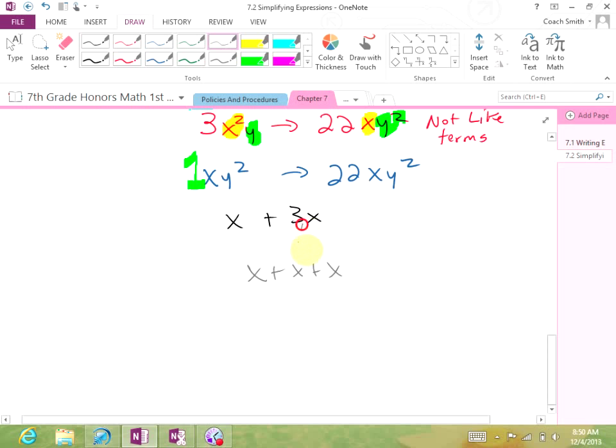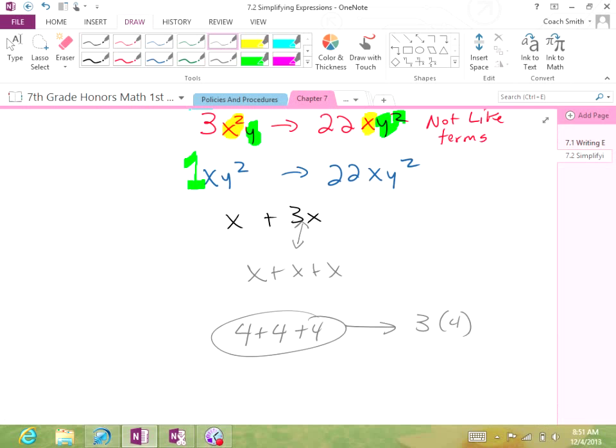So this is the same thing as that. Okay, these two are the same. Just like 4 plus 4 plus 4 is the same thing as 3 times 4, because I have 3 4s. So this is the same thing as 3x.